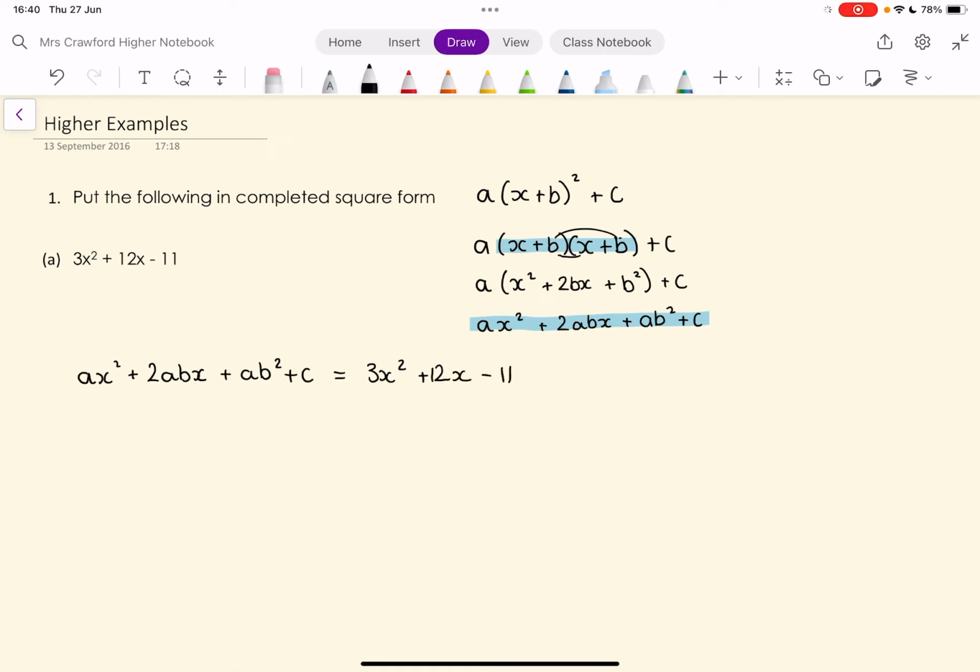Now I'm going to do something called equating coefficients. Coefficients are numbers that come in front of something. We'll take it one at a time. First, I equate my x squared coefficients: whatever is in front of x squared on this side and on this side, and make them equal. That tells me a is equal to 3. So I've got an answer straight away.